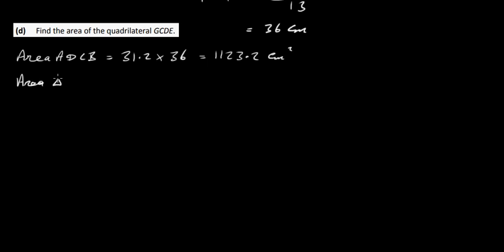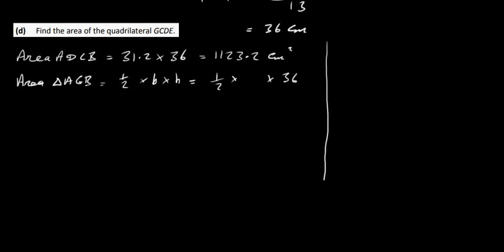So the area of triangle AGB first. It's going to be half the base times the height. So that's going to be half the base, which we don't know, that's BG, times the height we do know, that's 36. So the base we're going to work out using Pythagoras' theorem. So I'll just do that bit over here.